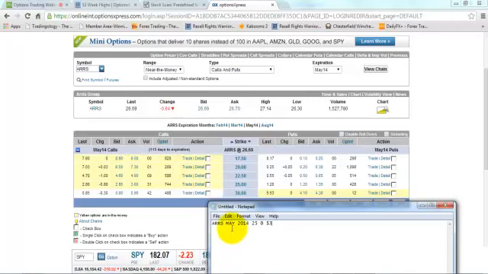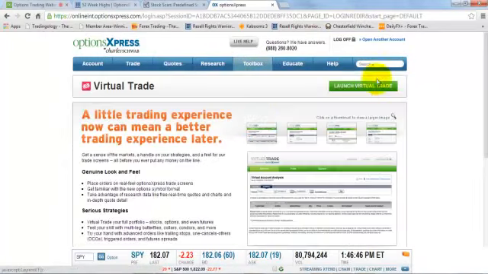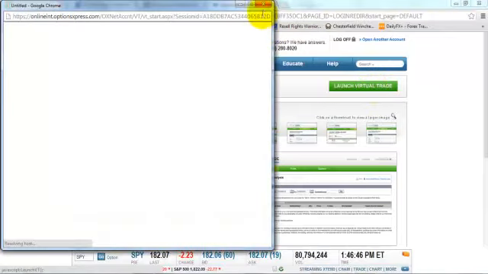This is all I need to go to my virtual trade account, or if I have real money in my account, I'll go to trading and input these details. So I'll go to Toolbox, virtual trading, launch virtual trade.